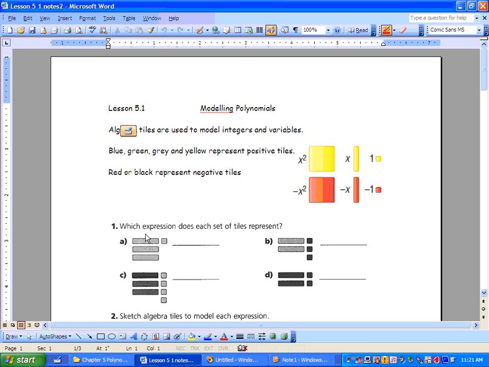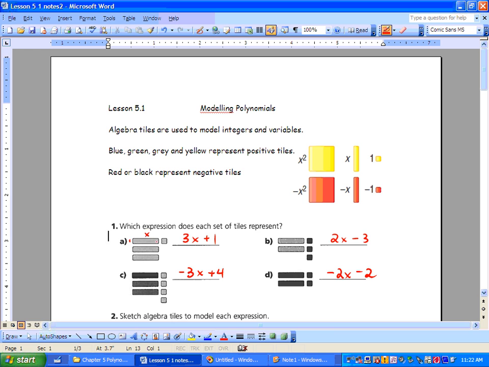Well, we've got 3x plus 1. All right. Next, we have 2x minus 3. And then we've got negative 3x plus 4. All right, and then we've got negative 2x minus 2. Now, let's check this out. This is by 1, this is an x.